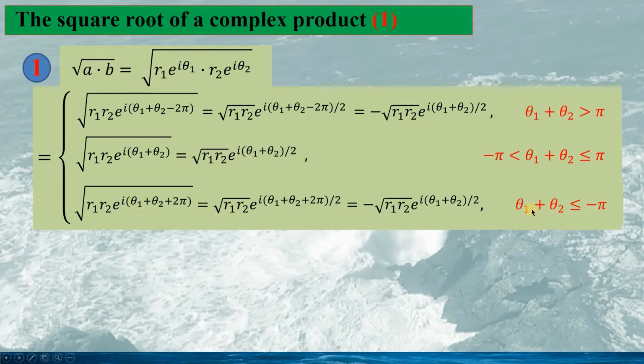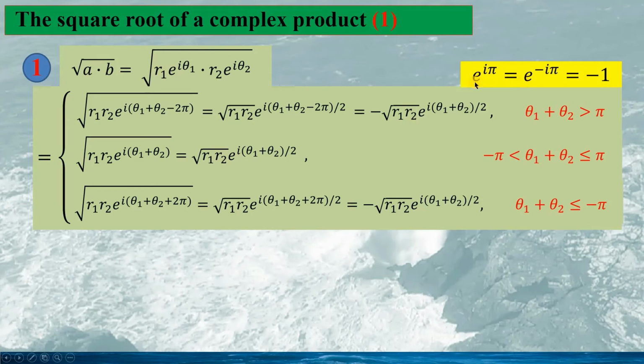So to make it within the limit, we need to add 2 pi to theta 1 plus theta 2 at this, and then the calculation would be this and this.